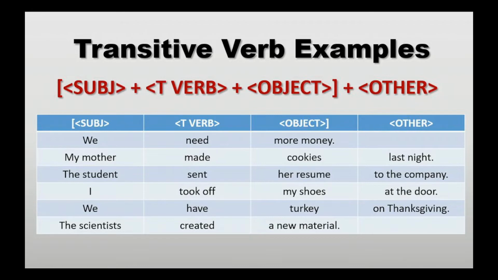This week, I'm using some brackets to indicate grouping because it's such an important concept to become a fluent English speaker. We have subject, transitive verb, object grouped together, and then other stuff. A transitive verb always needs an object, so the verb and object must be together. As I told you last week, the subject and verb must be together. So when using a transitive verb, you have to say subject, transitive verb, object as one group. Then you can say other stuff.